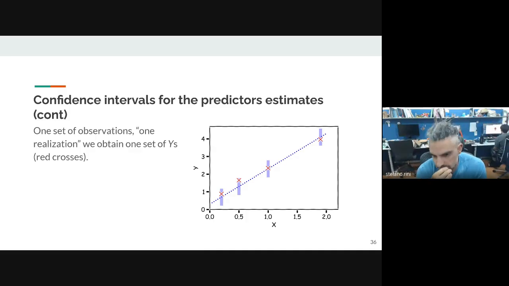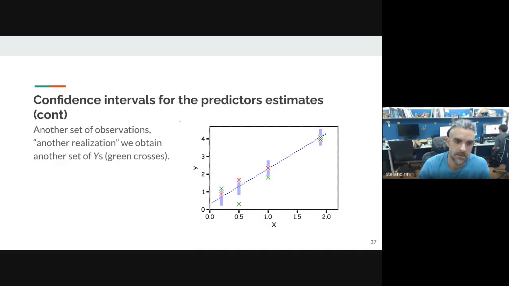So in a sense, we have to argue that from the observation that we have, we can really say something about the precision of the model for a certain set of inputs, and this is not easy. So what we can do instead is take another randomization, and we will obtain another set of errors.